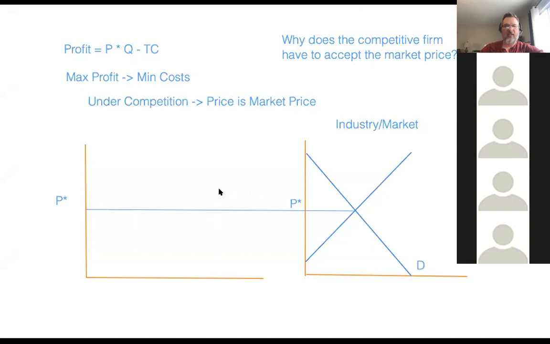I don't see any hands yet. So just while we're waiting for people to gather their thoughts, I want to point out that this line at the market price is the individual market demand curve, but at the industry level, you have a downward sloping demand curve. Okay.